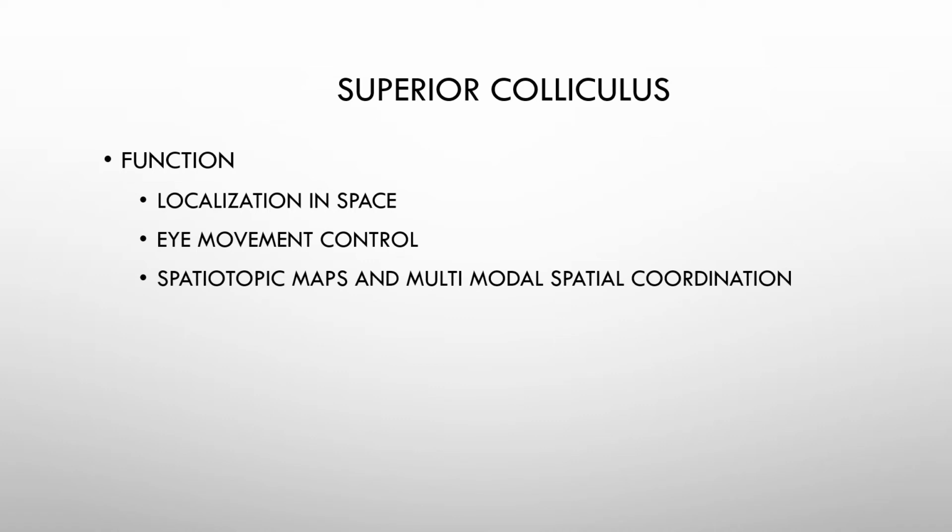So it also has this kind of multimodal spatial coordination. It's really quite impressive, and again, we really don't understand a lot of how the superior colliculus is allowing us this extra information of our eye movement and letting the brain know where our eyes are looking and putting it all together with other information so that we know where to move our eyes.